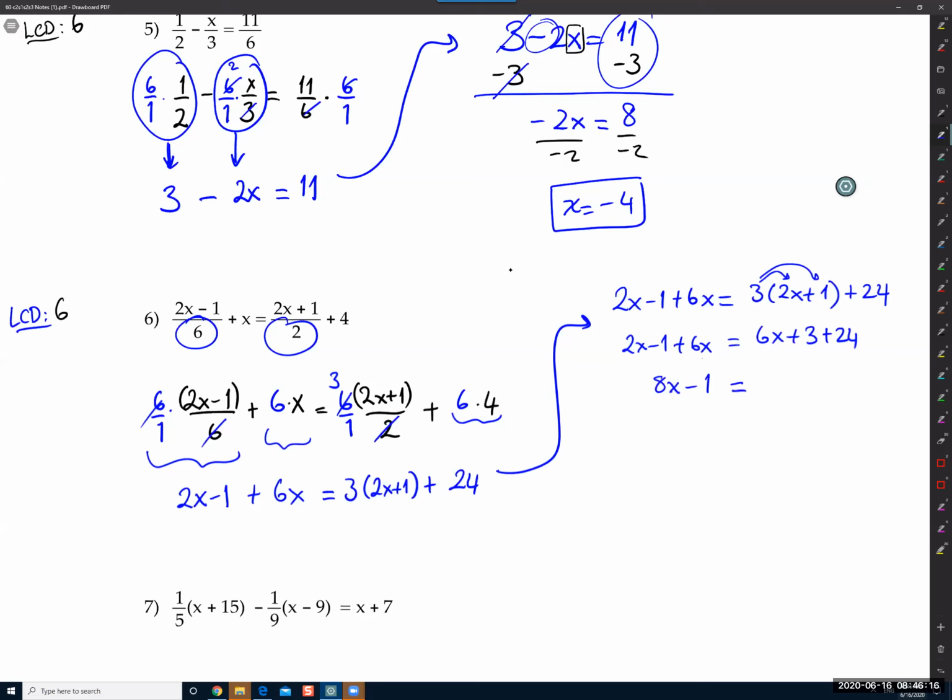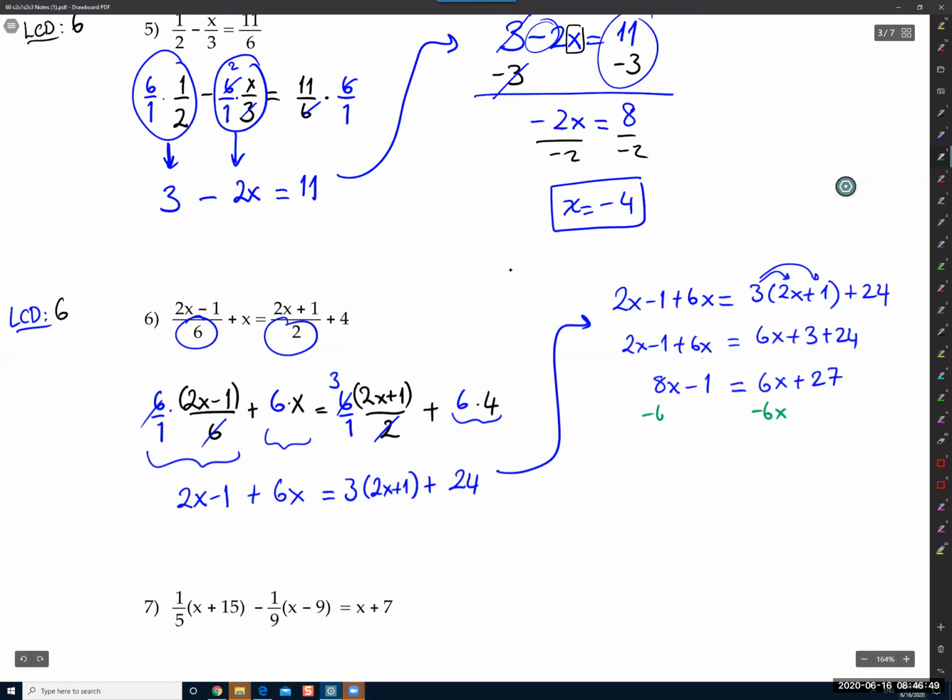Are you guys following? Let me know if I go fast. And yes, this part is 27. Now it's getting better. I'm going to move things around. Remember what I said: a suggestion, not a rule, move the smaller variable to the other side. The smaller variable here is 6x.